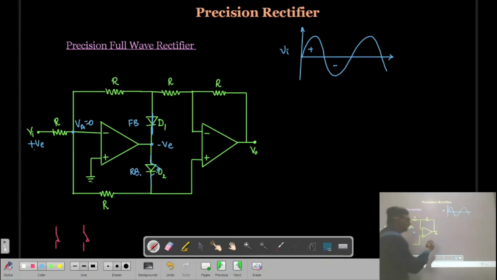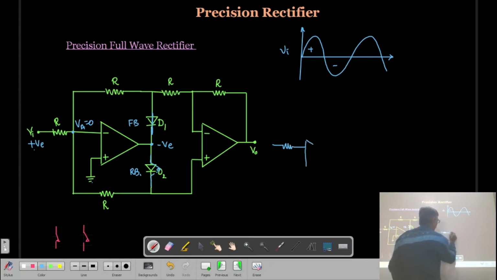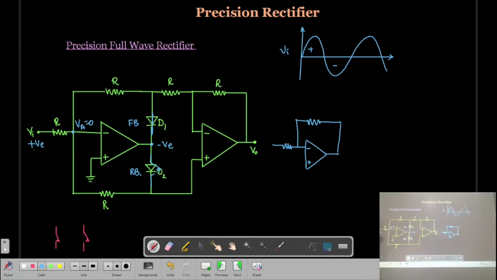So, if you draw the circuit, it is like this. See, the feedback resistances are here, my input voltage is there, and D1 is working as a short circuit, so I have drawn a line. Now D2 is an open circuit, so I don't have to draw anything.